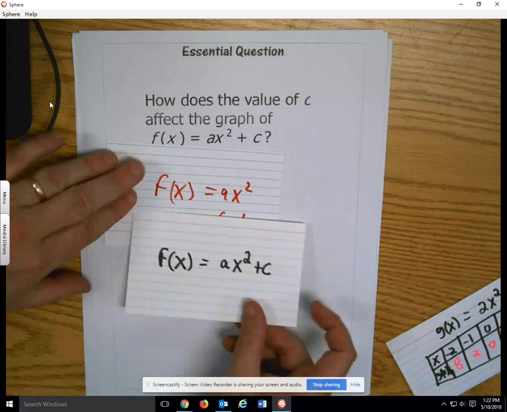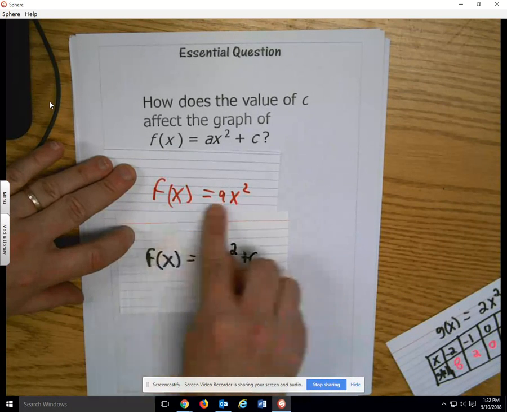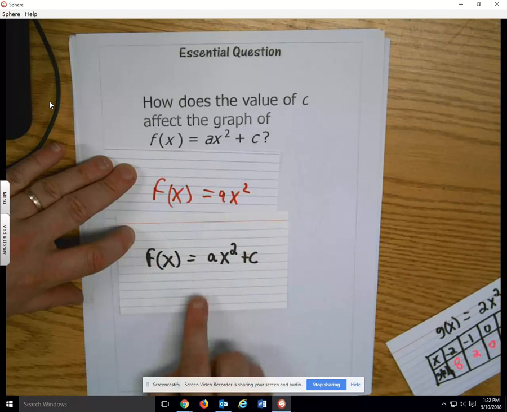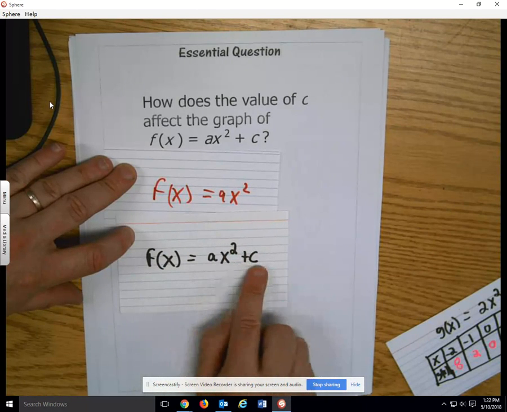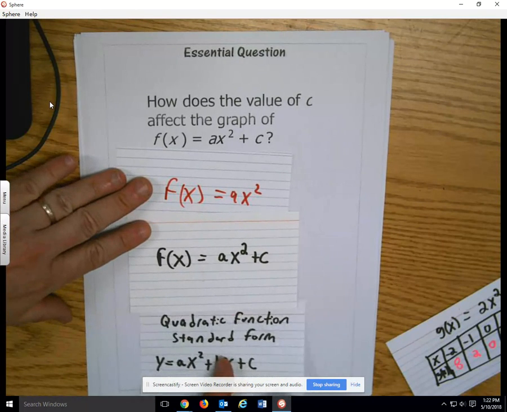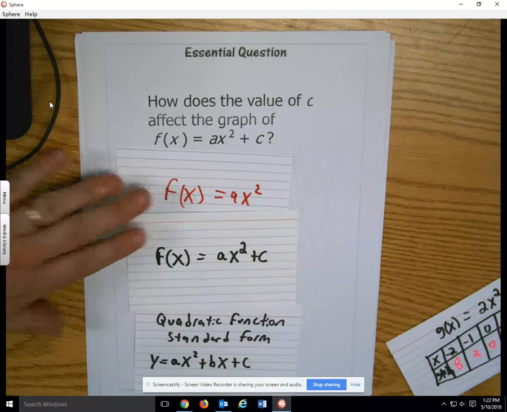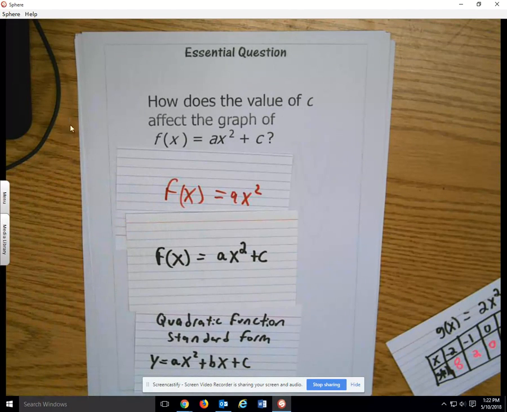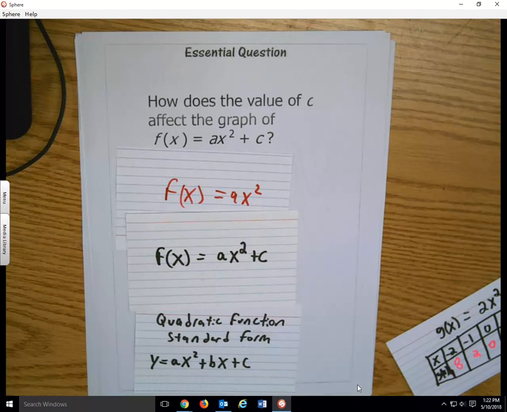In other words, we're not doing just this. We're going to do what we were doing before, but we're going to add a c to it. Just to remind you, though, that's still not standard form all the way. I mean, it is, but quadratic standard form, if it had every possible component, would also have a b in there.